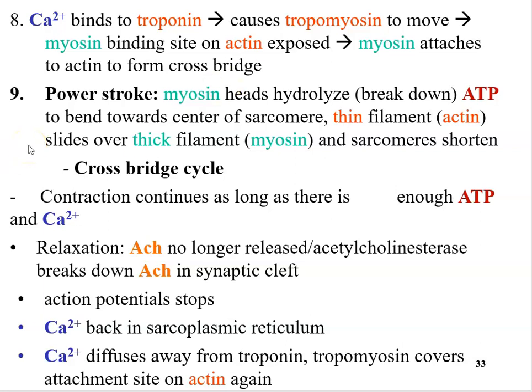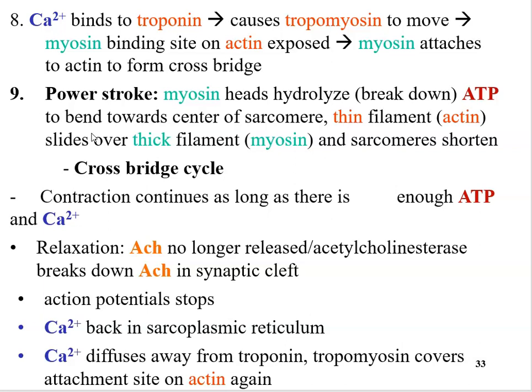Now, finally, it's the fun part, the power stroke. The myosin heads break down, or hydrolyze, ATP, and use the chemical energy that becomes available as ATP is hydrolyzed to move. The moving is pretty subtle. It's just bending that myosin head towards the M line, the center of the sarcomere.